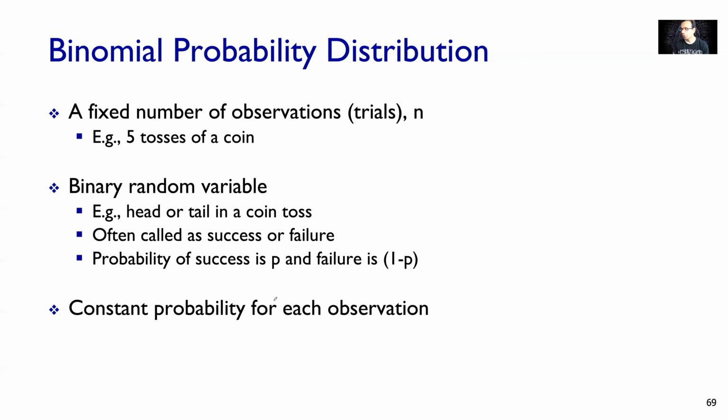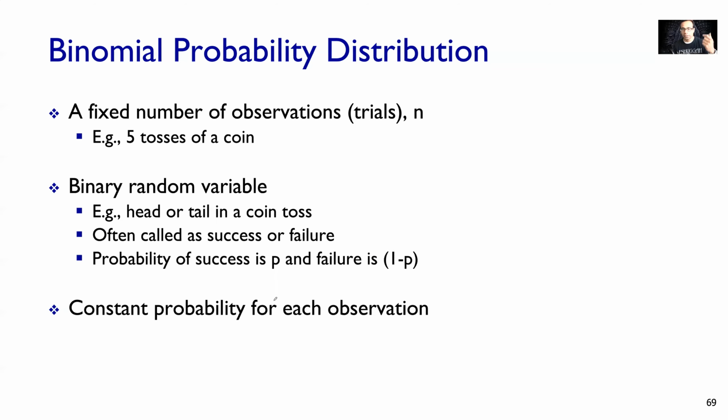These are what we refer to as binary random variables, in that the outcome of the trial can only be one of two things, a success or a failure. Let's say the probability of success is P and the probability of failure is 1 minus P. If you consider a coin, unless it's a loaded coin, P will be half.